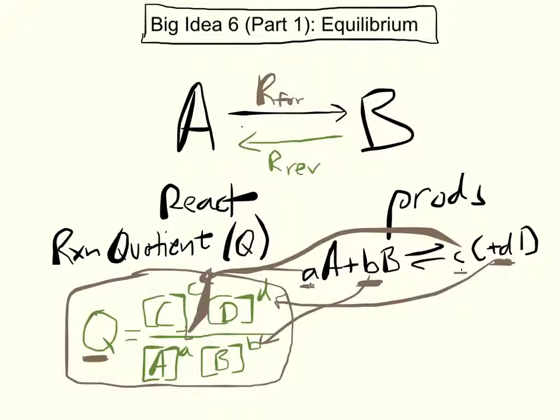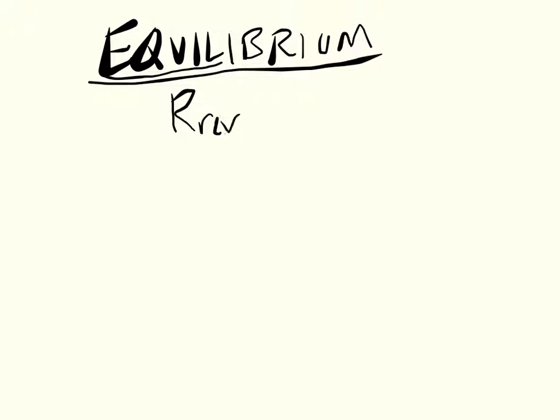Now, when we're at special conditions, the reaction quotient has a new name, and it is called the equilibrium constant. That occurs when a system is at equilibrium. So what is occurring at equilibrium? We'll break down the word equal. Something is equal. What's the thing that is equal? The rate of the reverse reaction is equal to the rate of the forward reaction.